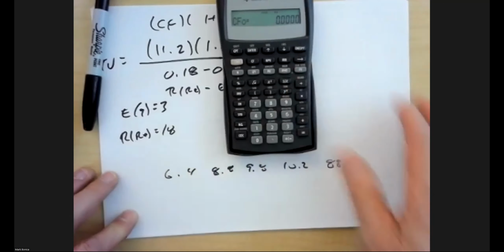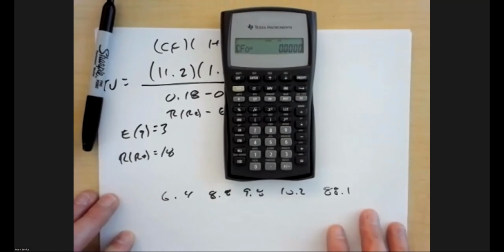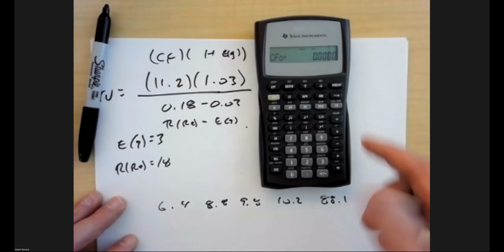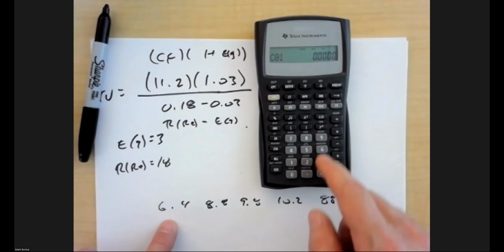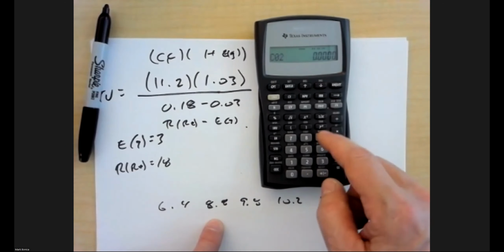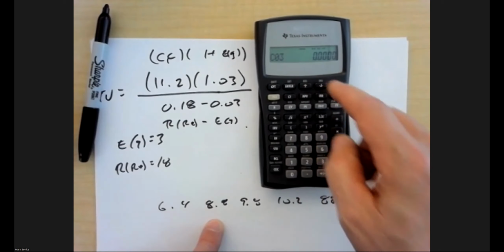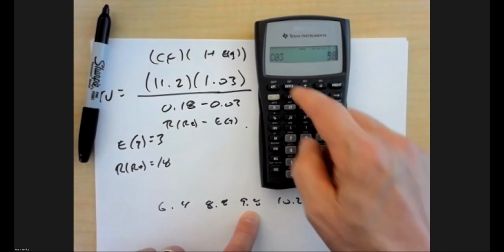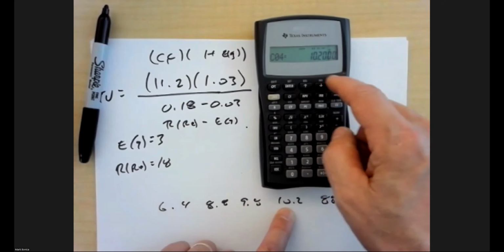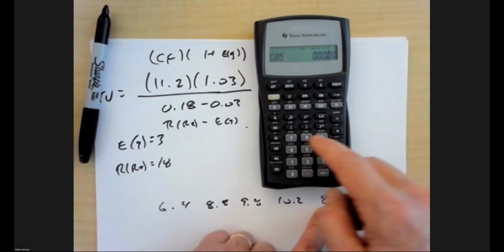So cash flow register. CF0 is 0. CF1 is 6.4. CF2, 8.8. CF3, 9.8. CF4, 10.2. CF5, 88.1.